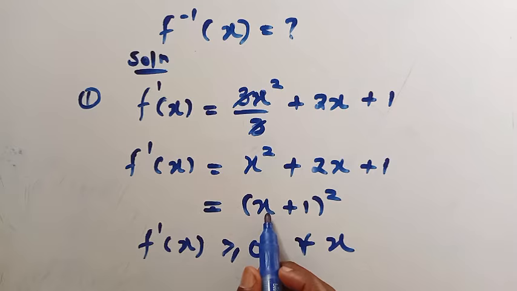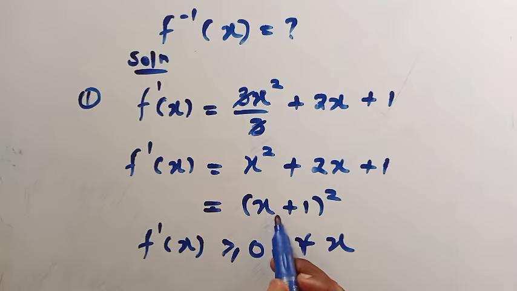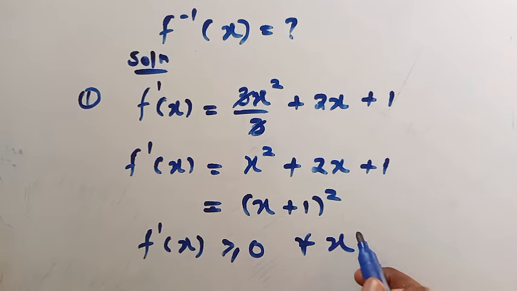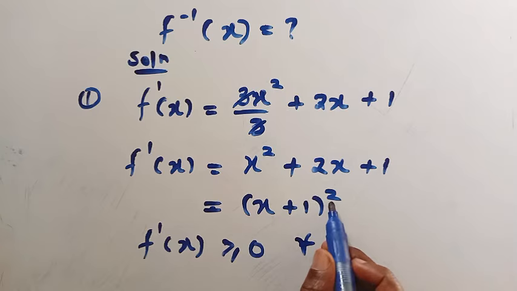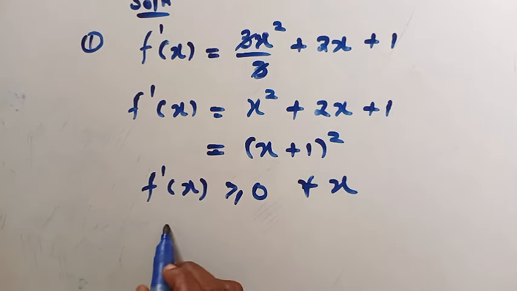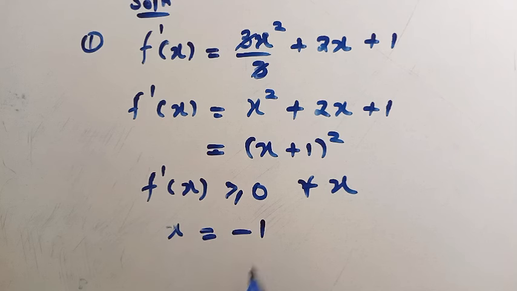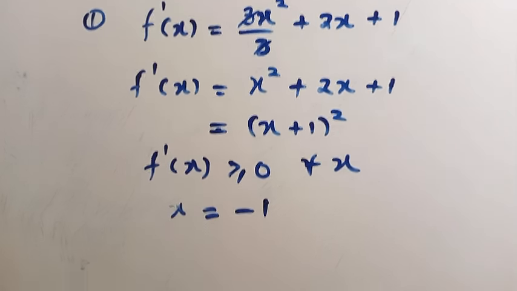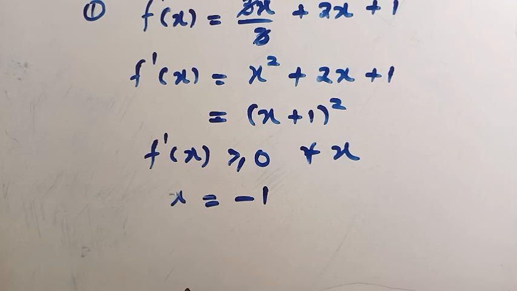If we test for when x equals minus 1, that is the only place where we have 0. The other values always give us positive. If we test for x as negative, it always gives us positive because of this square. So at x equals minus 1, this is the only point where we have 0.